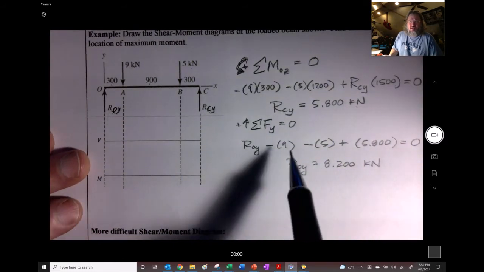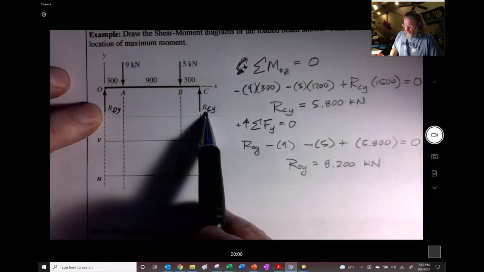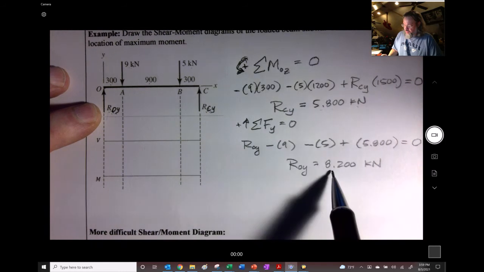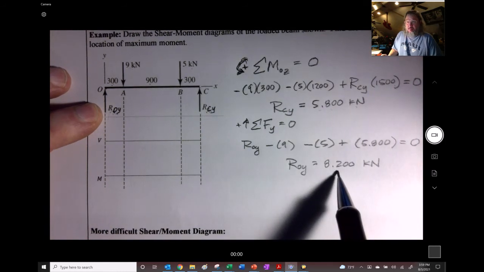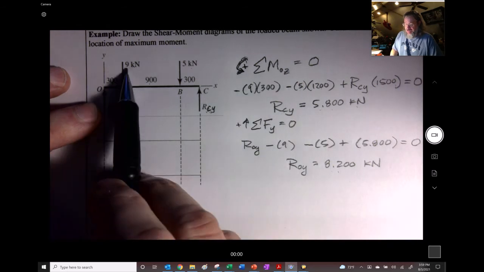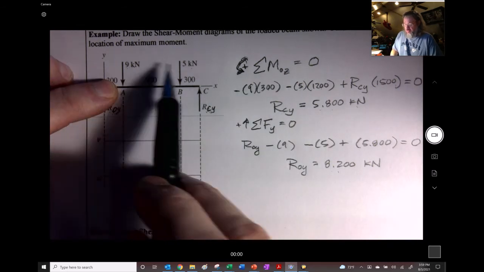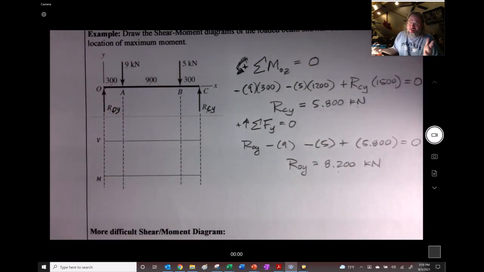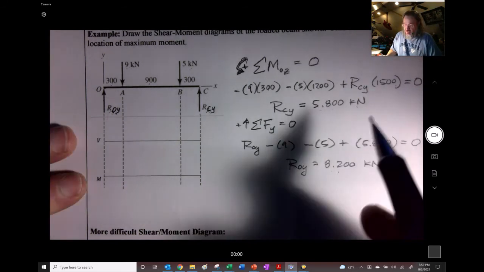And you can also check this by, these are both upwards, right? So 5.8 plus 8.2, that ends up being 14 kilonewtons. And you can see that 9 plus 5, these are both downwards, that's also 14. So it makes sense. They're distributed this way.